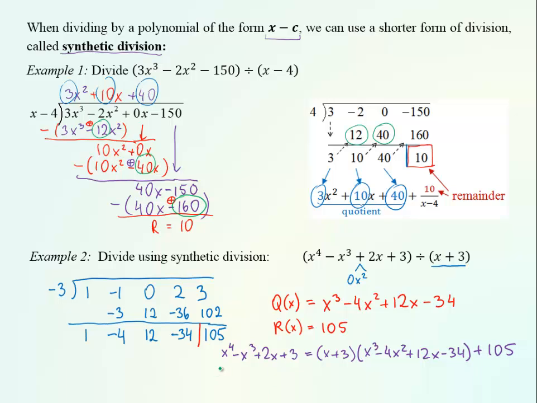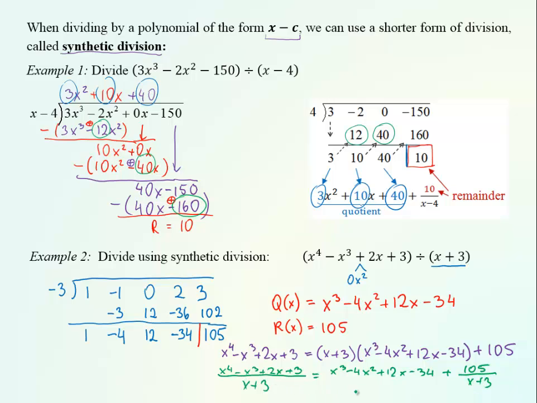Or equivalently, we could say that x to the 4 minus x cubed plus 2x plus 3 divided by x plus 3 is equal to x cubed minus 4x squared plus 12x minus 34, that's our quotient, plus 105 still not divided by x plus 3.